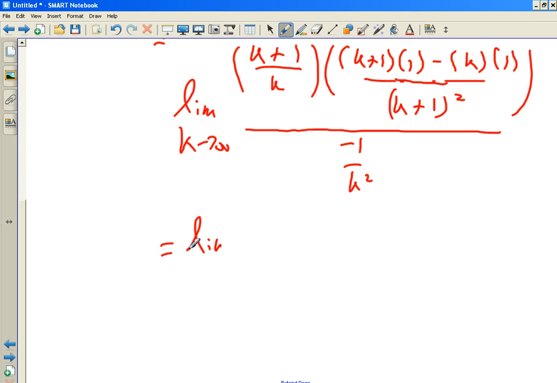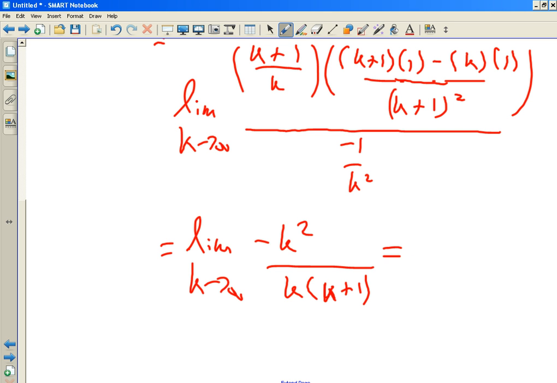So it's really the limit as k goes to infinity of negative k squared over k times k plus 1. That went here, and that canceled with that, leaving that. And this was 1.